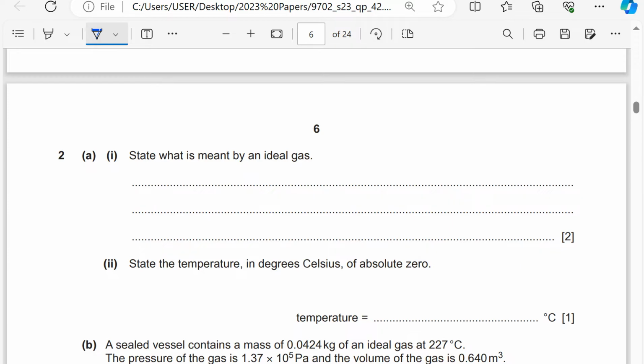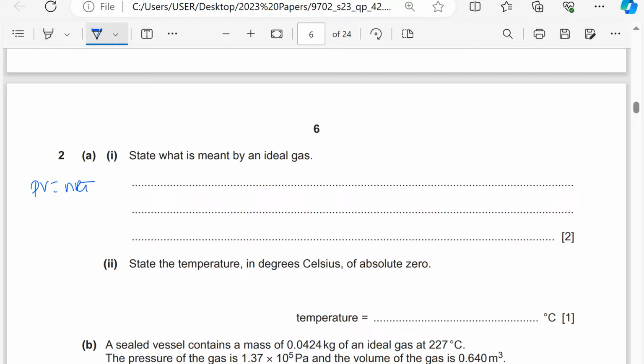Step one is of course, an ideal gas. The first thing to come into your mind is the equation PV equals nRT. Any gas which obeys the equation PV is equal to nRT is considered to be ideal.